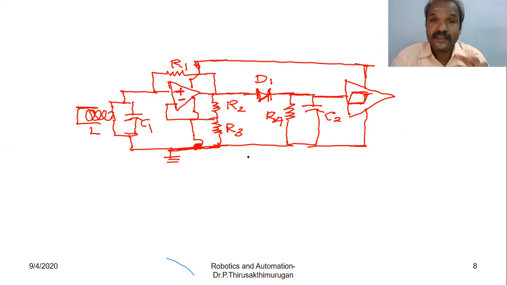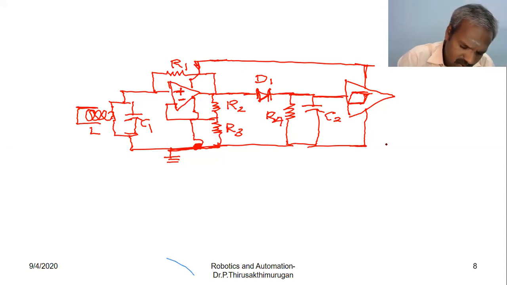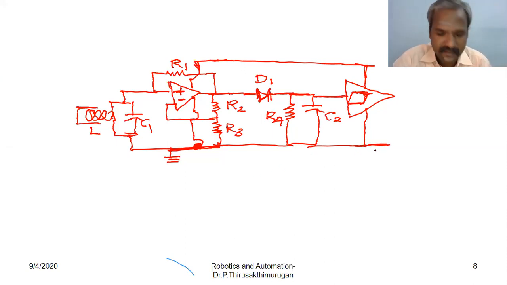We can configure either case. When the input to the Schmitt trigger is very high, we can also have the output very low. So either case we can have. So this is called the triggering stage. Next is the output stage.